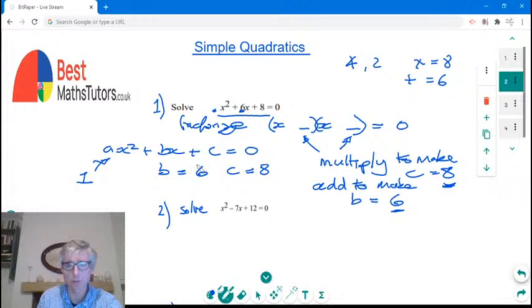So these are the two numbers we're interested in. We could put those into our brackets, so we could have 4 there, and then write the 2 there. So x plus 4 and x plus 2 is the correct factorisation of this.